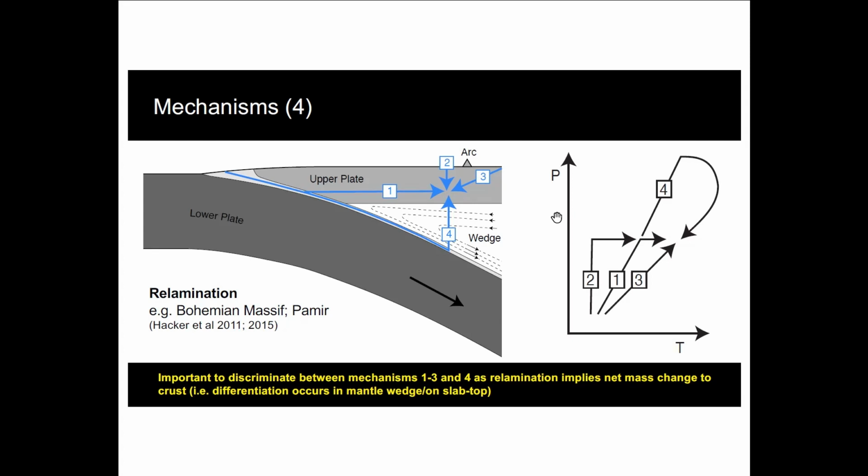Relative to the other mechanisms, we might expect a rock that has ended up in the lower crust via relamination to have experienced higher pressures, and what I'm going to focus on here is higher temperatures. At least some part of the relaminant must have experienced ambient temperatures of the mantle wedge. Why is this important? Well, mechanism 4 here, relamination, compared to the other mechanisms, implies that there is a net change to the mass of the crust, because the melting and the differentiation, at least some part of it, occurs in the mantle wedge.